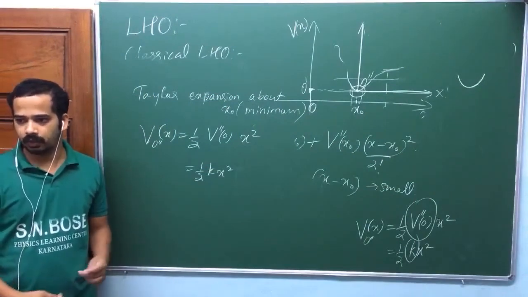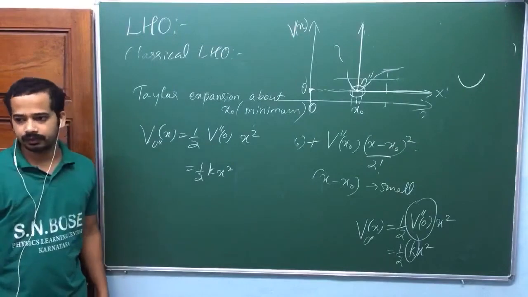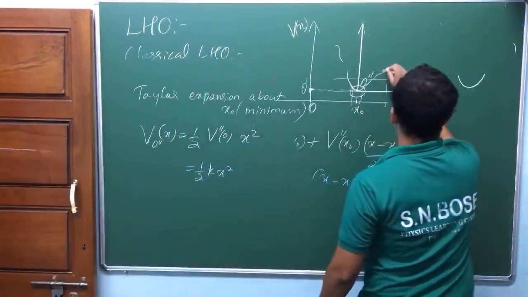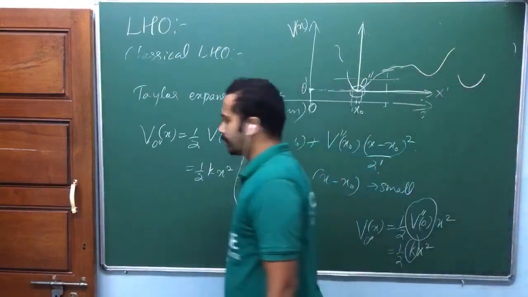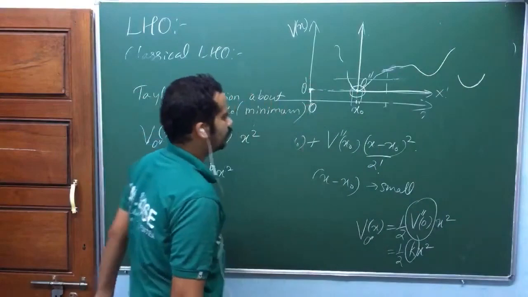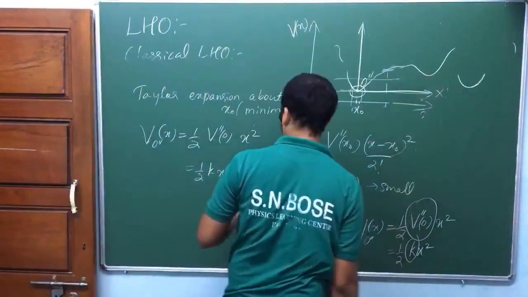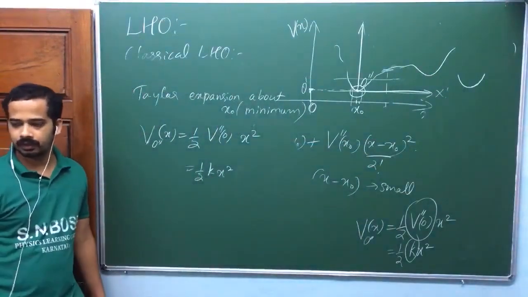Suppose here, it may go here and there may be one more equilibrium. Then about that point you can have your oscillation. That may have a different curvature, that may have a different k value. Is that okay?